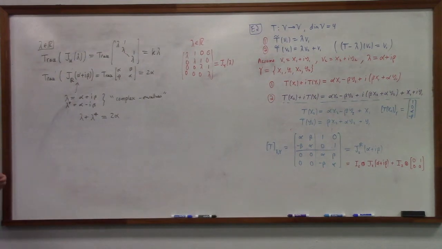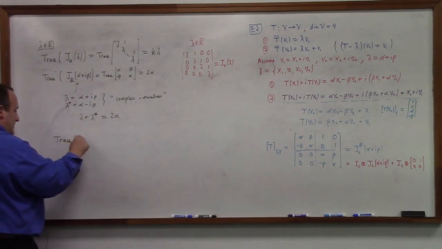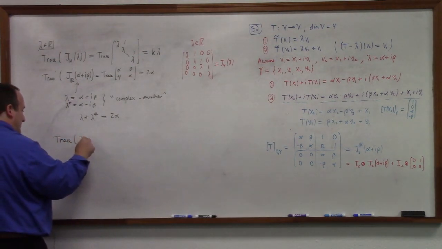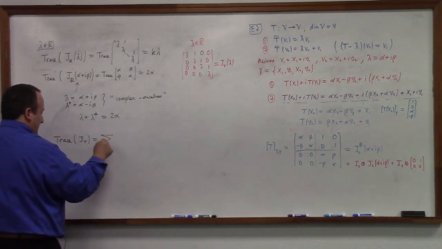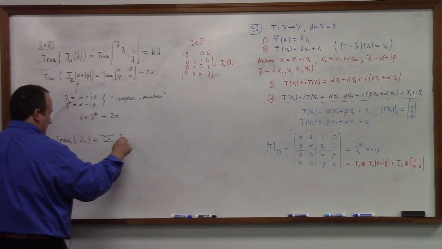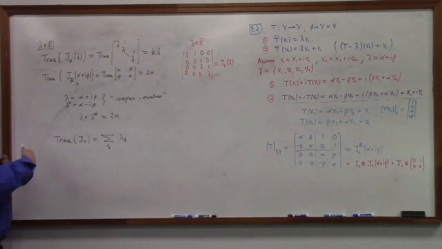So you can generalize this. You can look at an arbitrary Jordan form, and you can easily bootstrap this argument and see that the trace of the Jordan form of some matrix T is equal to a sum of lambda j, where that's just a sum over all the real and complex eigenvalues. So the trace is the sum of the eigenvalues.